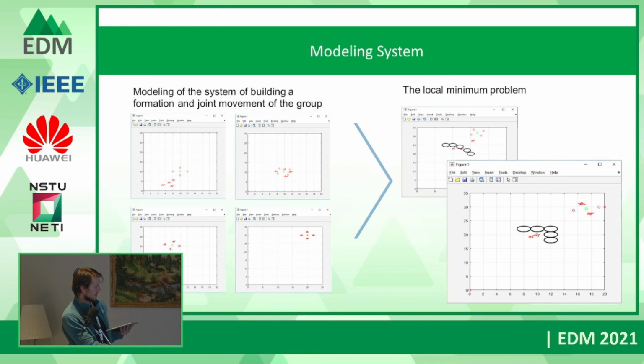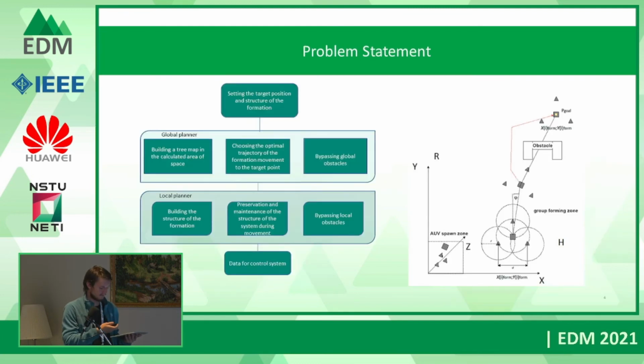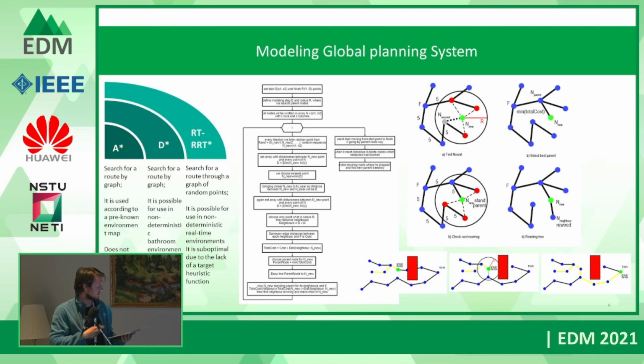Here is modeling of only the potential field planner, and on the right side we can see the local minimum problem, when the vehicle stands between obstacles, between attractive and repulsive forces, and stays in one place and cannot move in any direction. That is a problem.